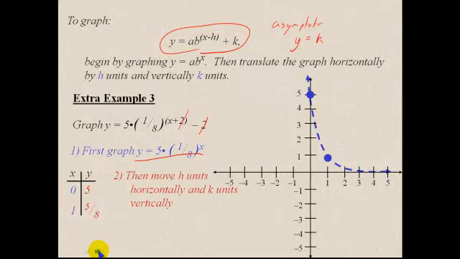Now we need to shift it. So then move h units. So let's come up with what my h and what my k is. Well, my h is a negative 2. Because the original equation has x minus h, in order to get that to be positive, I would have to plug in a negative 2 there to get that whole thing to be positive, because you need two negatives.